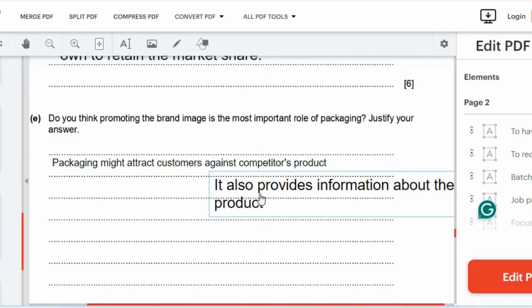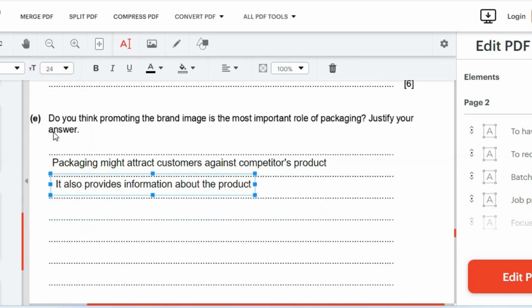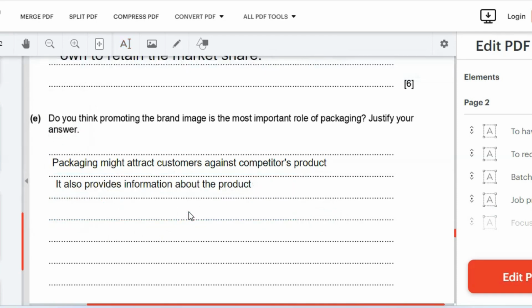Now you can also refer to the hand cream here. Let's reduce the size. Also, you can pick any of these points to justify your answer. There might also be a legal requirement, as the business might have to identify the ingredients.